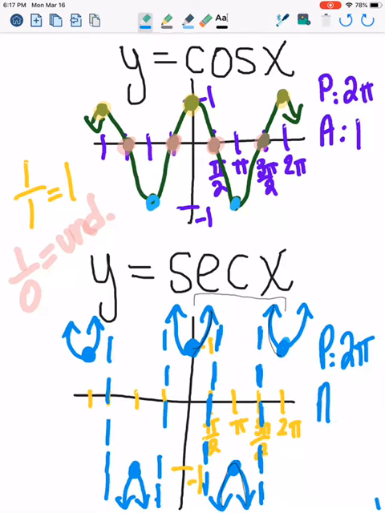And then the amplitude, what did we just say on the previous slide? Well, if these things are going up forever and down forever, you can't really put a height on it. So the amplitude is none. Sorry, ran out of space there. That is going to be very important because we're used to saying amplitude is 1, like up here, but amplitude is actually going to be none.